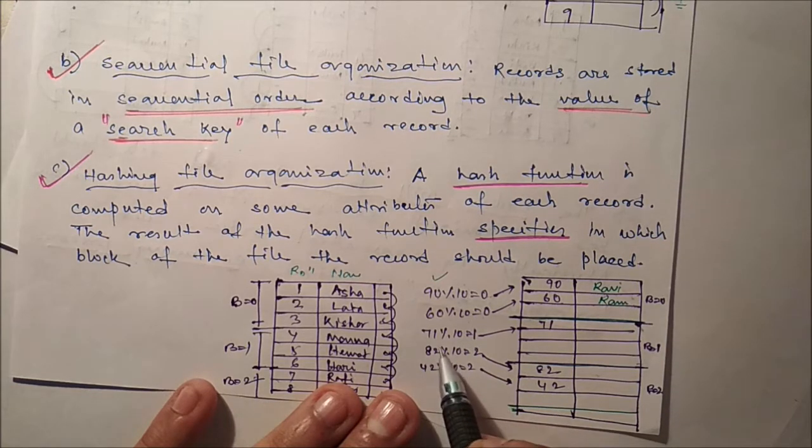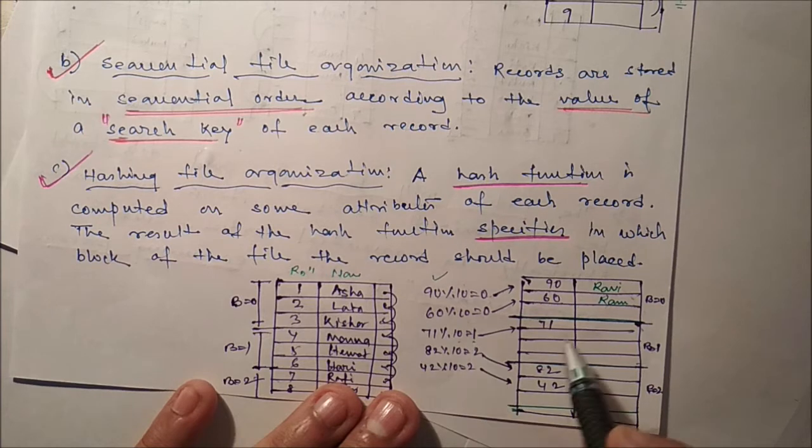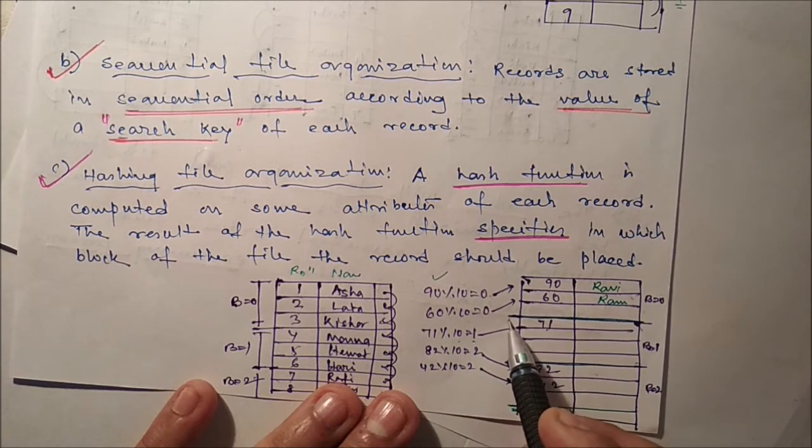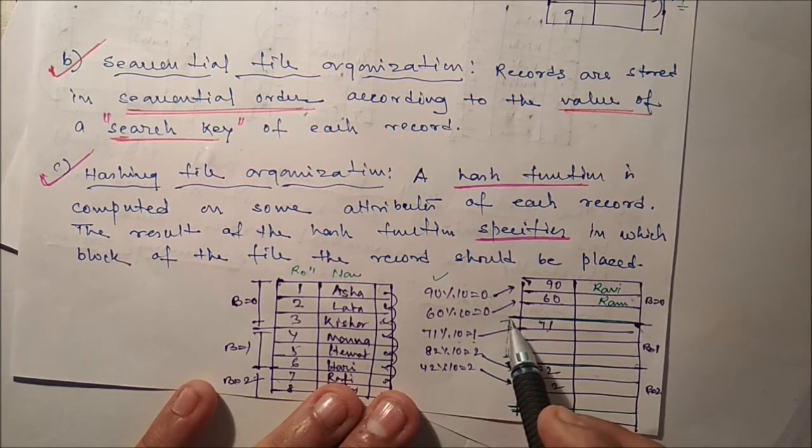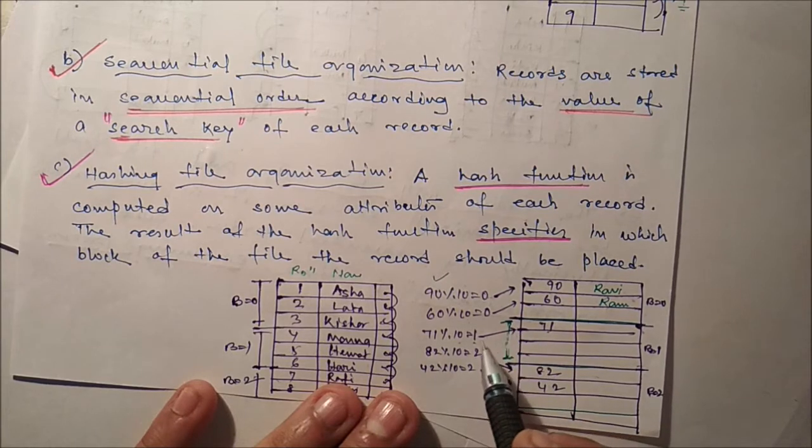Similarly 71 modulo 10 is 1, so we put it in block number 1. Similarly 82 modulo 10 is 2, so we put 82 in the second block. 42 modulo 10 is 2, so we store 42 here too, and so on.